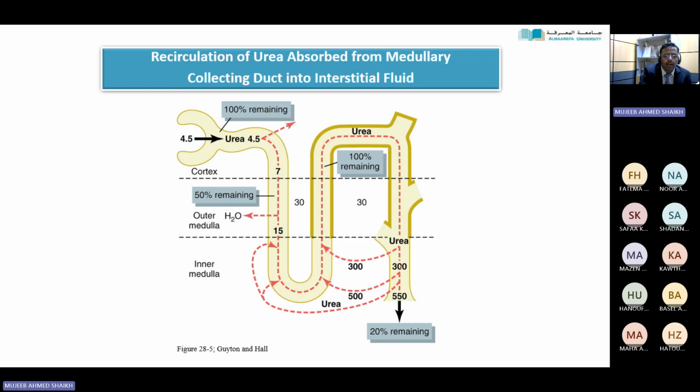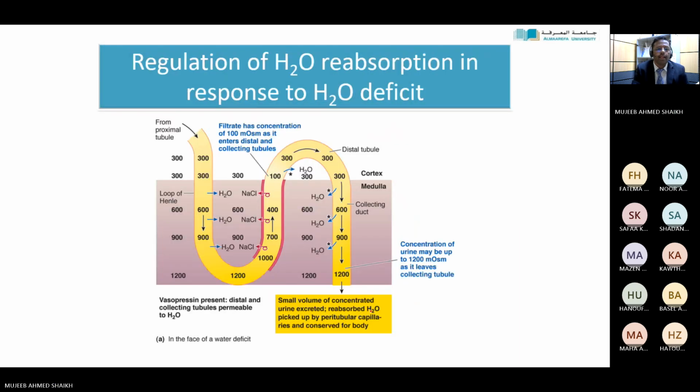Once it comes here, again it will be reabsorbed. This is how urea will be recycled, and under the influence of ADH, maybe 20% will go into the urine. This is called urea recycling, and this will create medullary hyperosmolarity.